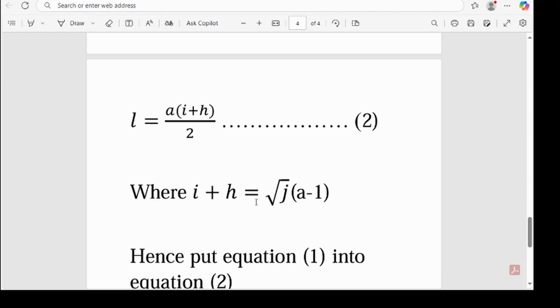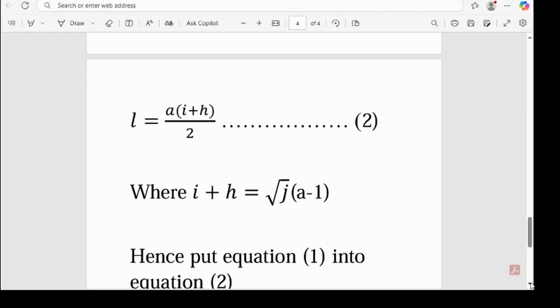Based on our equation 1, we were able to come to the conclusion that i + h is the square root of j multiplying (h - 1). Hence we put equation 1 into equation 2 in order to find l.